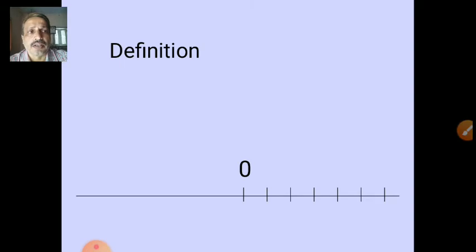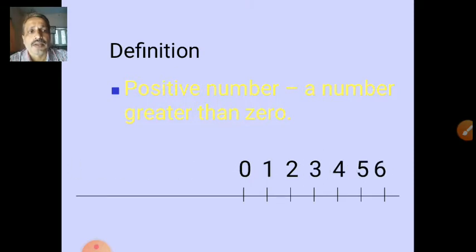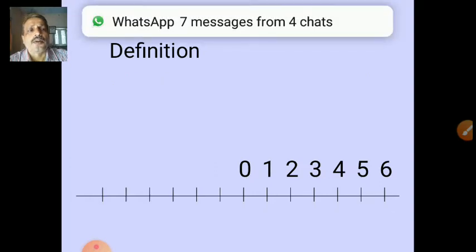Here is the definition. A positive number is a number greater than 0, that means 1, 2, 3, 4, 5, 6, etc. It always comes to the right side of 0. Now here you can find a negative number.